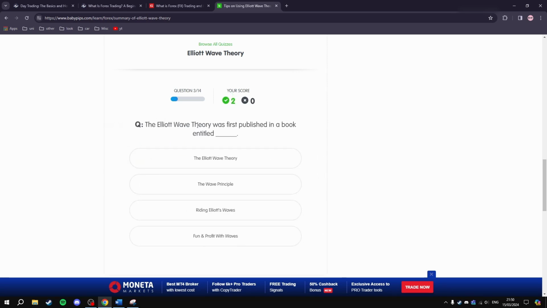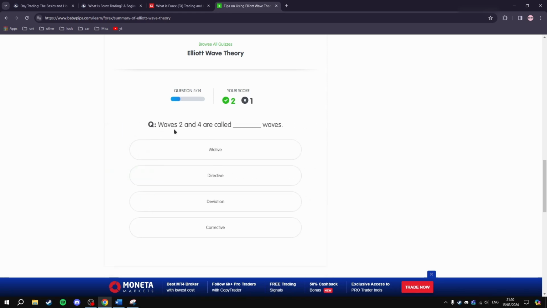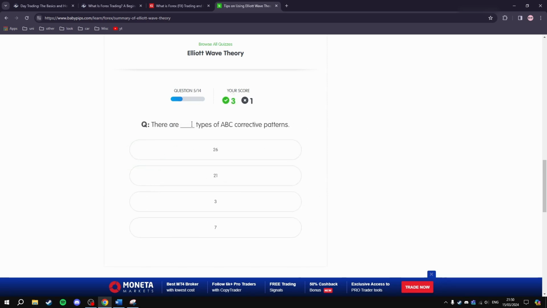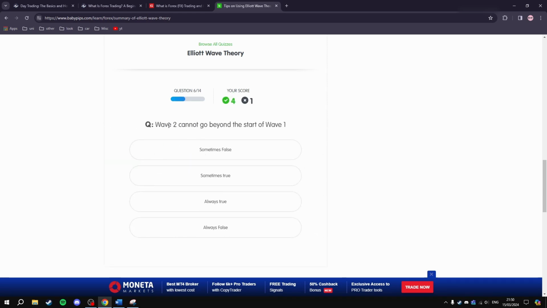The Elliott wave theory was first published in a book entitled The Elliott Wave Theory. Waves 2 and 4 are called impulse waves, or corrective waves. There are how many types? 21 types of ABC corrective patterns. Wave 2 cannot go beyond the start of wave 1. So the downward wave are always true.